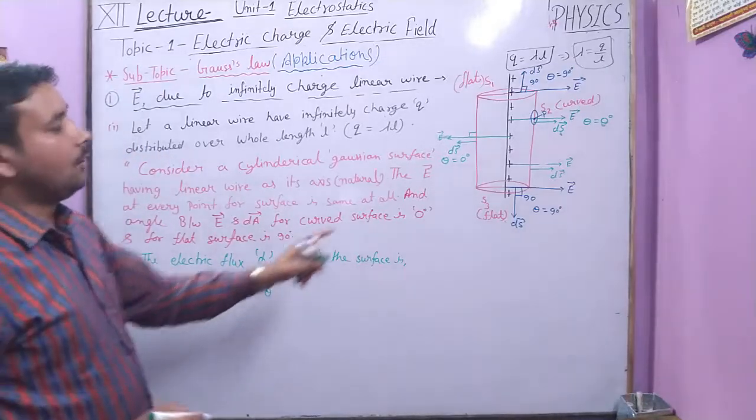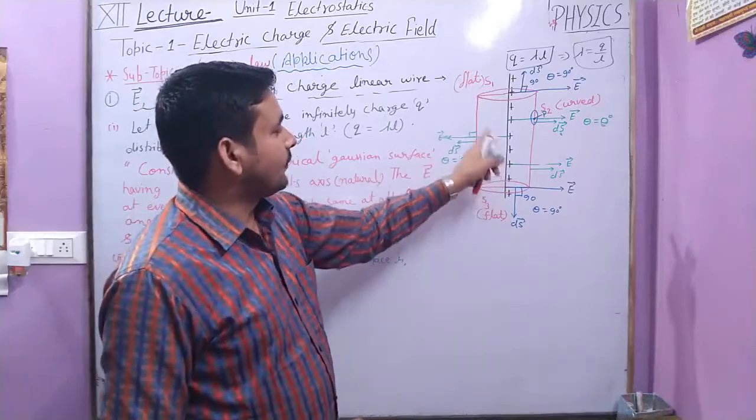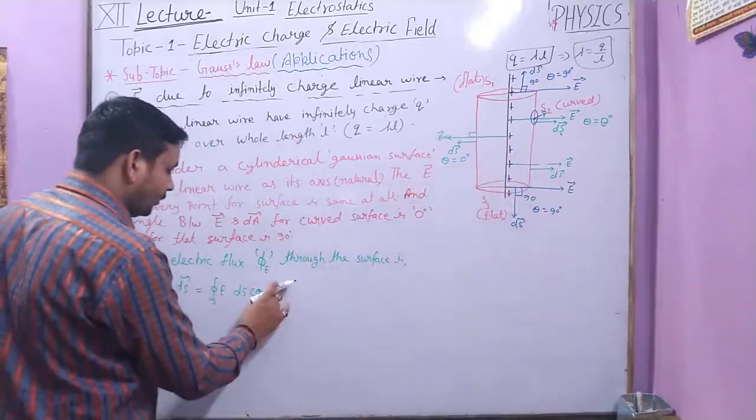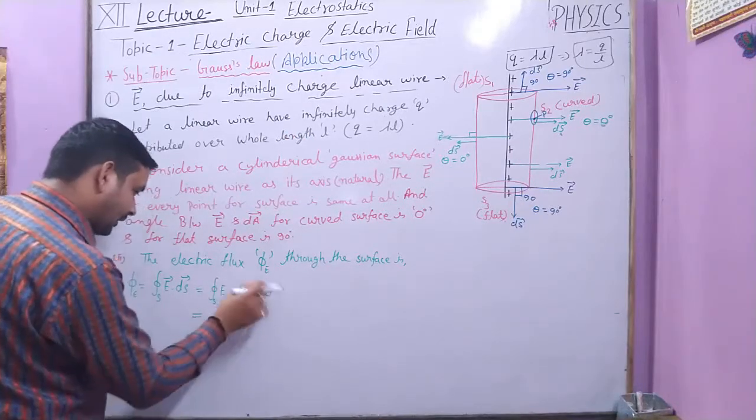Now because the cylinder or considered Gaussian surface has three surfaces, you need to calculate the flux for the three surfaces.